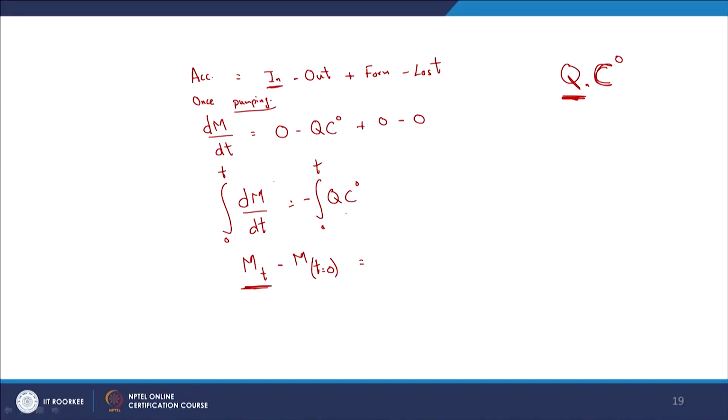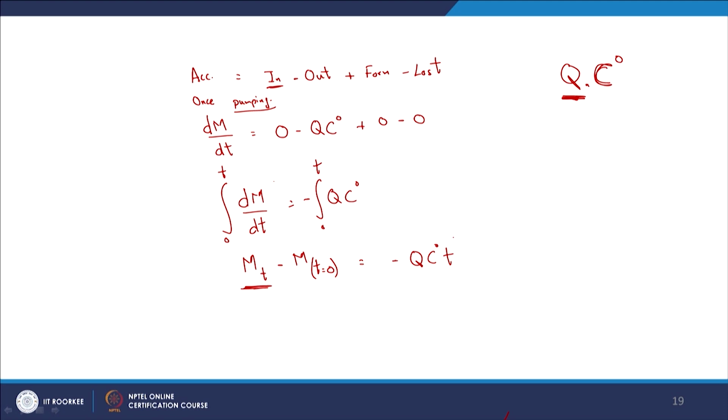That will be equal to 0 minus Q C naught times t. So that is what I have here, and let us try to rearrange and understand the relevant terms.